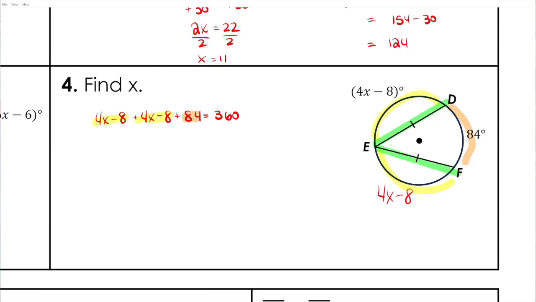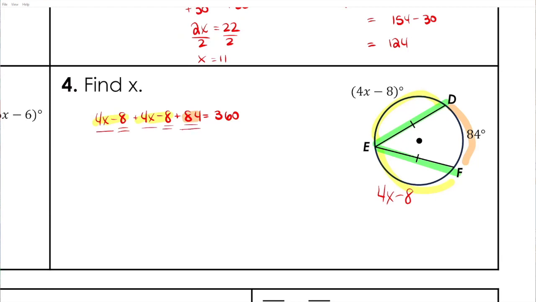You 100% could have just subtracted 84 from 360, and you could even take that a step further, subtract 84 from 360, and then divide by 2, and just set that equal to 4x minus 8. Okay? So we're going to combine like terms. Okay?